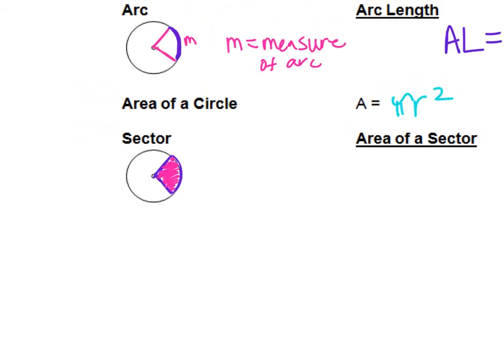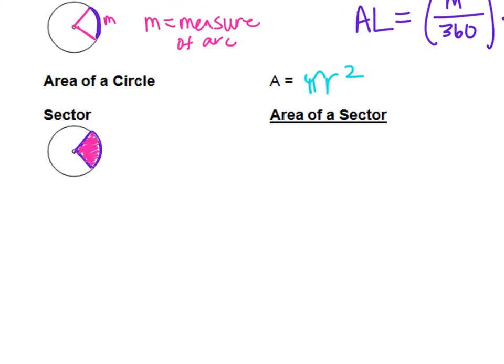So let's write down a formula for that. The area of a sector is going to be equal to the degree measure of the arc over 360 again, and this time we multiply it by pi r squared because that is the area of a circle.